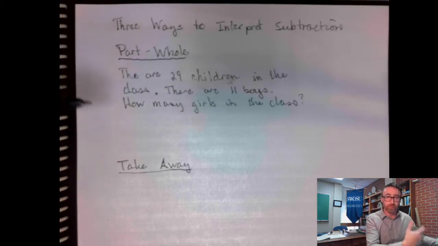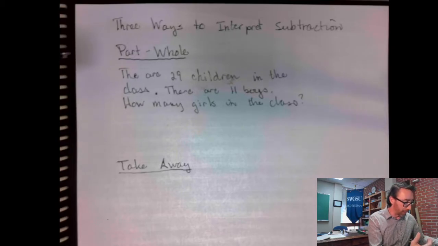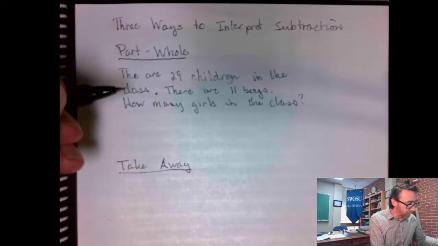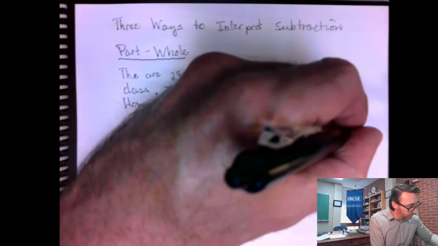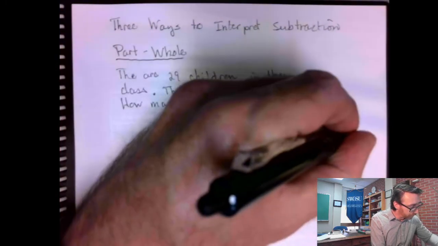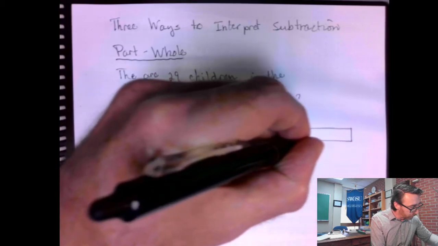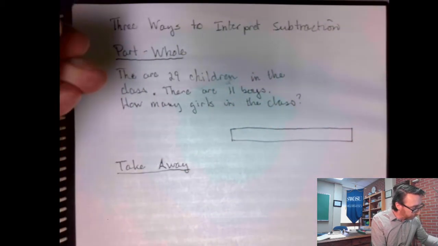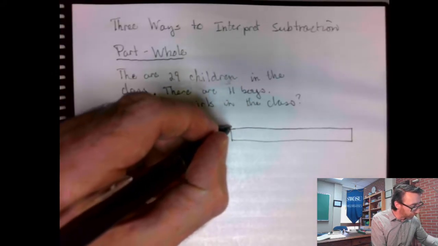To answer this question, we would certainly need to do a subtraction. You can illustrate this quite nicely with a bar diagram. We know how big the whole class is, and we know how many boys there are.